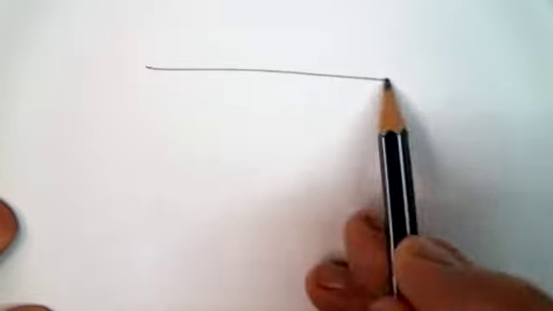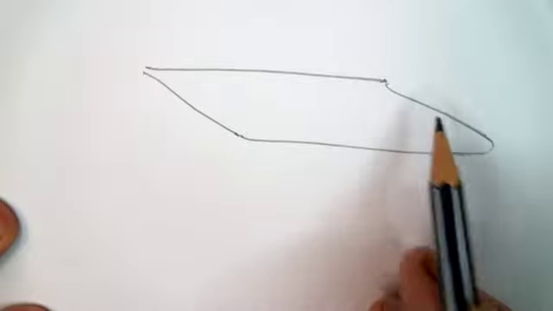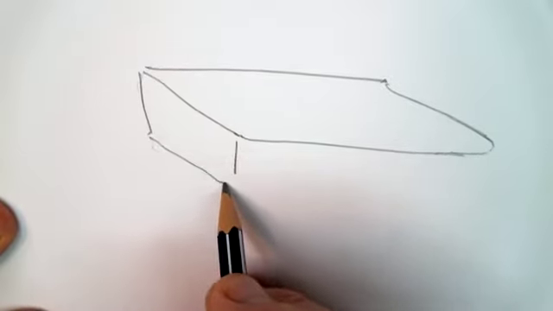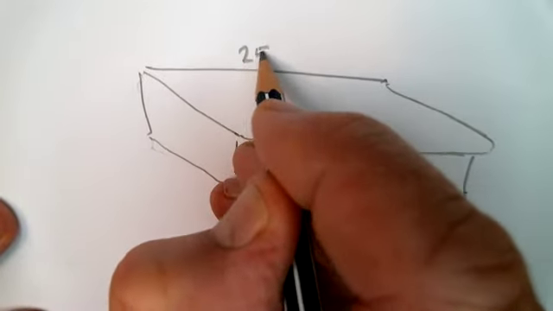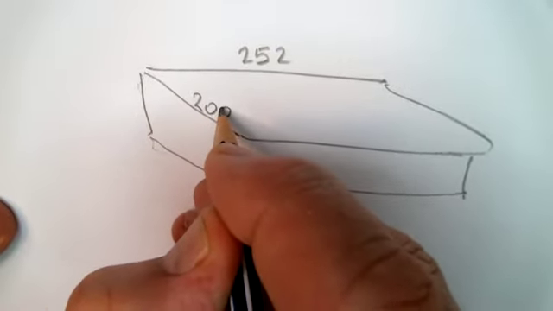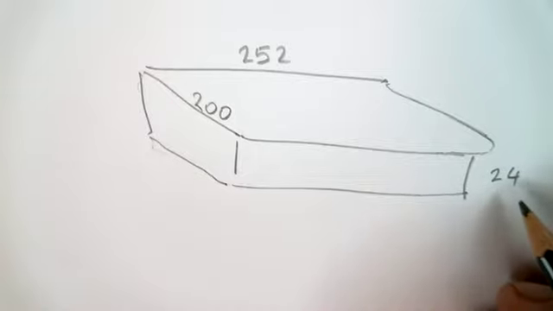All right, so we've got our book, and let's just draw the book roughly. We've got roughly a book that looks like this, and this was 252 millimeters. I won't write the units in. It was 200 wide, and of course it was 24, but the 24 itself is not that important anymore.